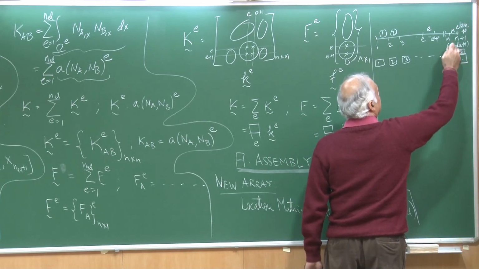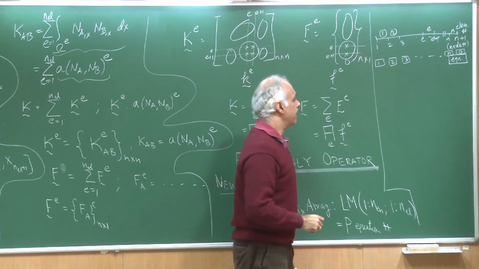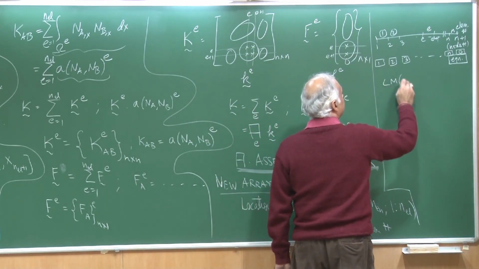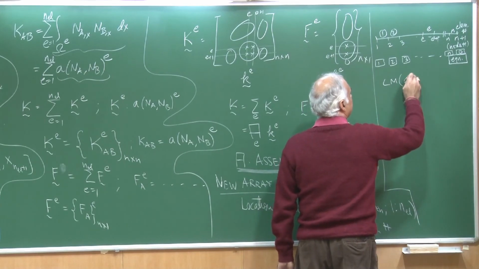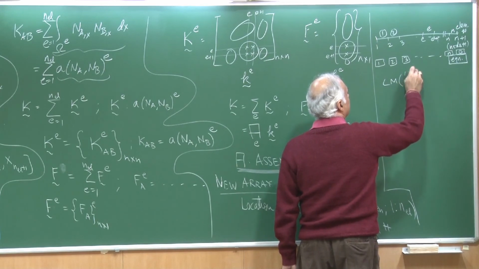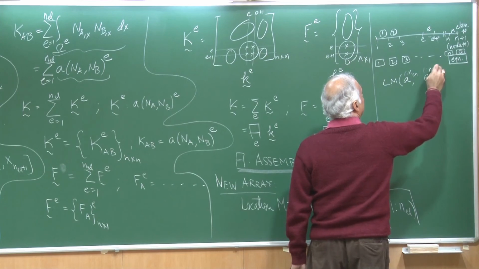And of course, the second last one does have an equation, and that is N. So, we can now construct the LM array. The LM array has two dimensions. The first dimension I will call A, which goes from 1 through NEN, and the second one is E, which goes from 1 through NEL.